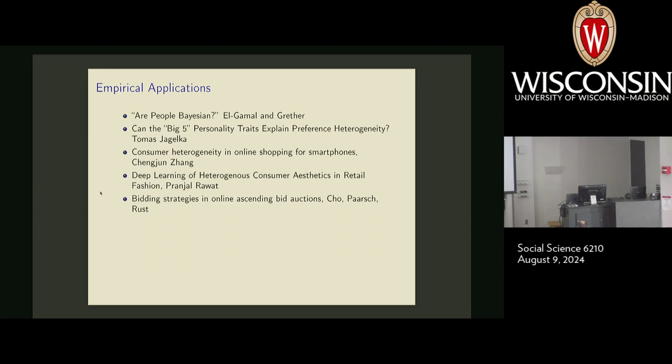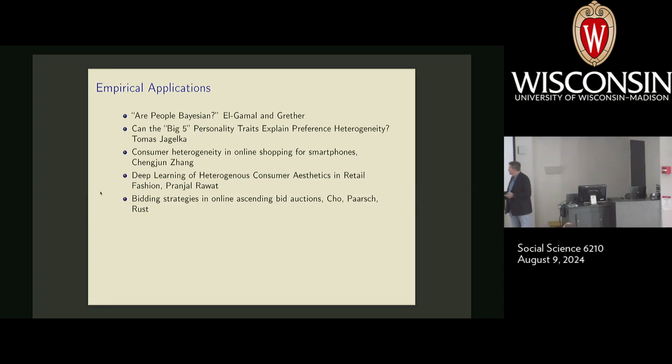In the original study by El-Gamal and Grether in 1995, JASA, they found there were 2 types. One type followed Bayes' rule, like noisy Bayesians. The other type followed the representativeness criterion of Kahneman and Tversky from the behavioral literature. So they have a behavioral type and a Bayes type, right?